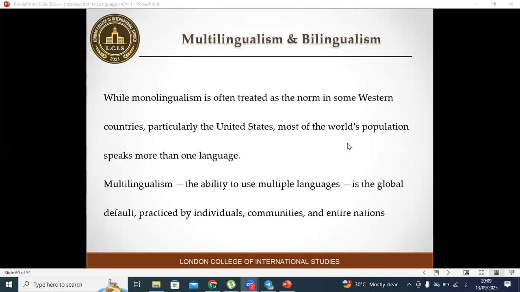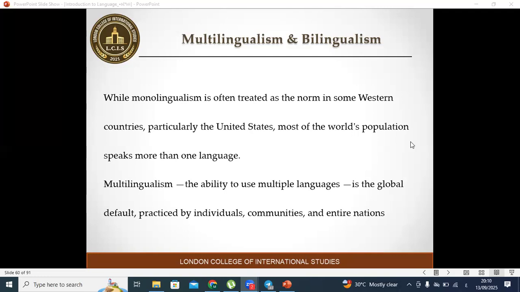Now let's speak about the last thing in our session for today, multilingualism and bilingualism. While monolingualism, people speaking one language, is often treated as the norm in some Western countries, particularly the United States, most of the world population speaks more than one language.